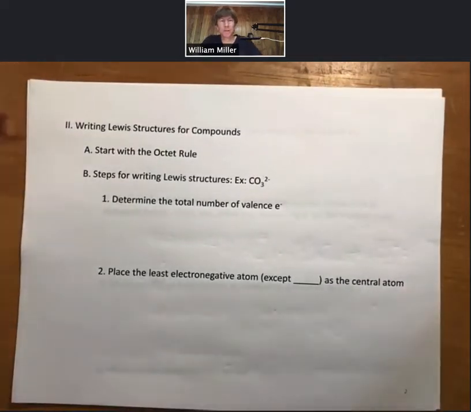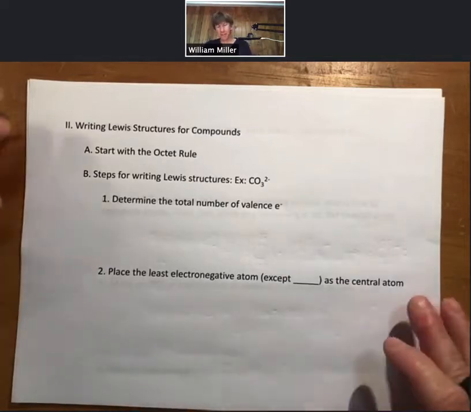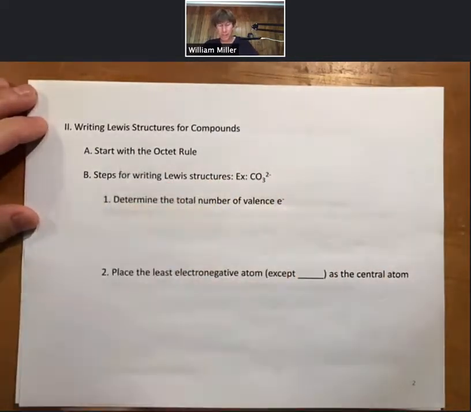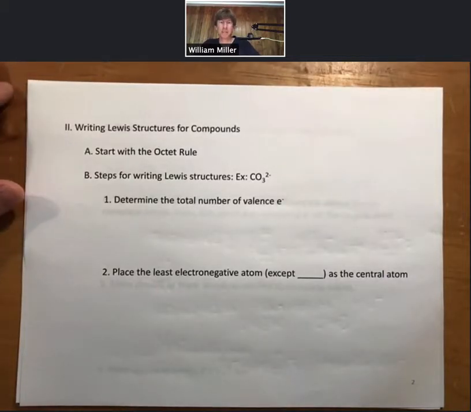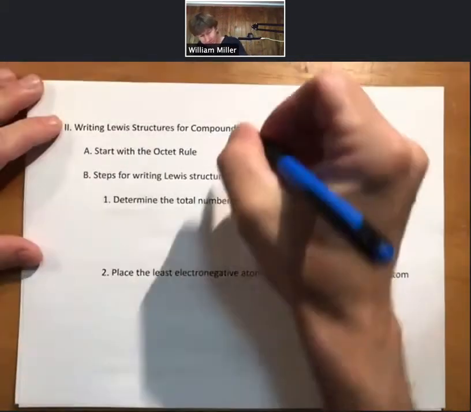Now, when two nonmetals, in order to meet the octet rule, they will form covalent bonds, co meaning shared and valent meaning valence electrons. And I've come up with a set of rules for writing Lewis structures for compounds involving covalent bonds.